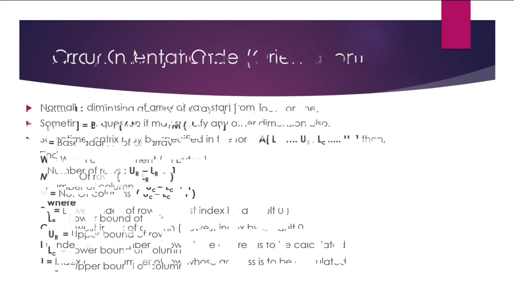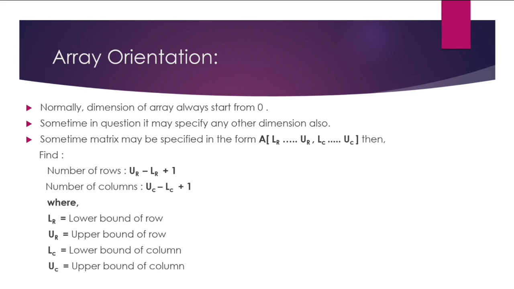Sometimes they are going to ask for the address of an array, but they are going to change the orientation of the array. Orientation means the look or presentation of the array is changed. Normally for us the array starts from 0, meaning the 0,0 location, but sometimes in the question they may change the dimensions.